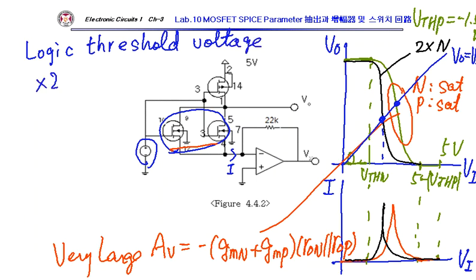So if I increase NMOS twice, this logic threshold voltage is reduced. Yeah, the logic threshold voltage is reduced from here to there, if I increase NMOS strength by twice.